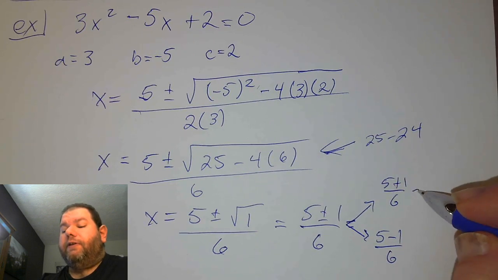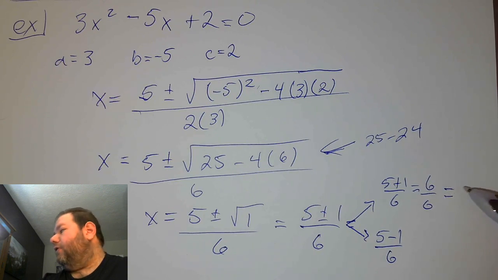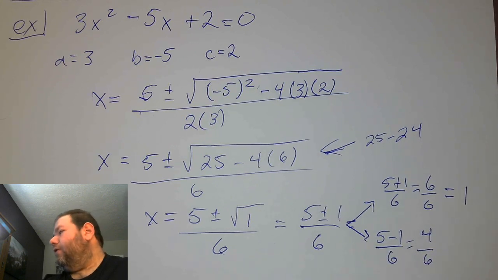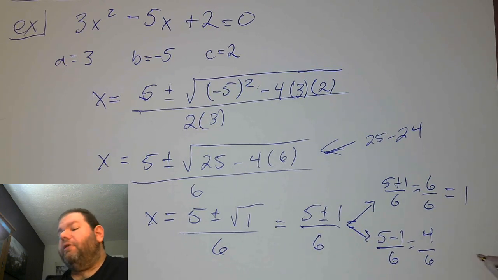5 plus 1 is 6, and then 6 divided by 6 is 1, and then 5 minus 1 is 4 over 6. So I got two answers, although 4 over 6, we could take that a little bit further.